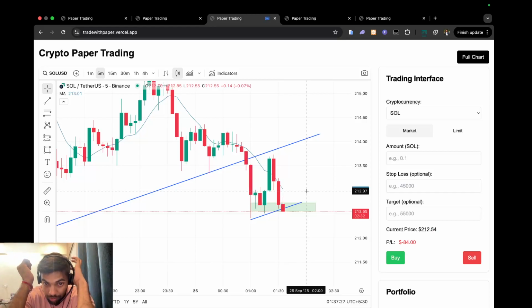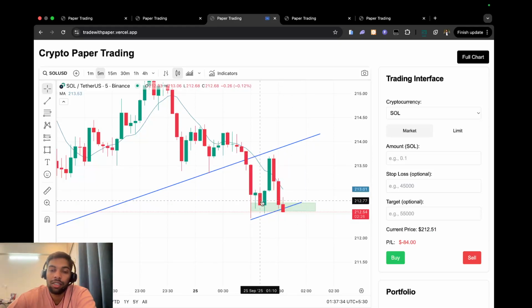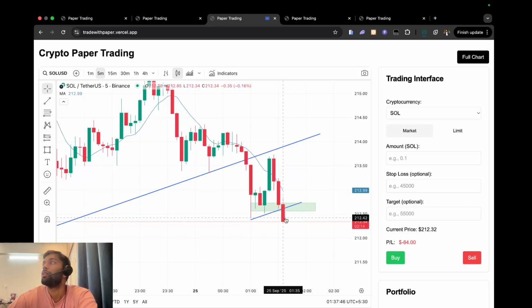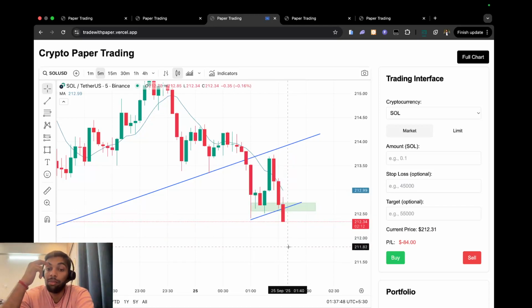It might be inviting more sellers again, because when it invited sellers, it just took the stop losses of all the sellers. Now it invited all the buyers and took the stop losses of all the buyers. Now it is inviting the sellers again, and if it is a real move, then it will continue in lower lows, guys. But I'm just thinking, is it a real move?